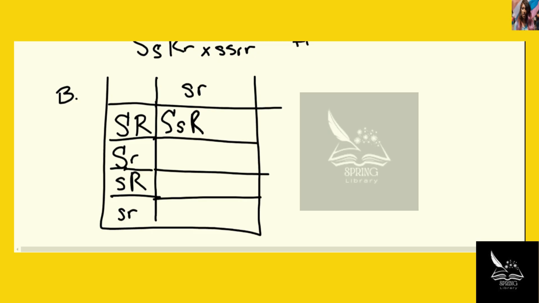And we get a heterozygous for both. And then the heterozygous in one, but recessive in the other. And then homozygous recessive.